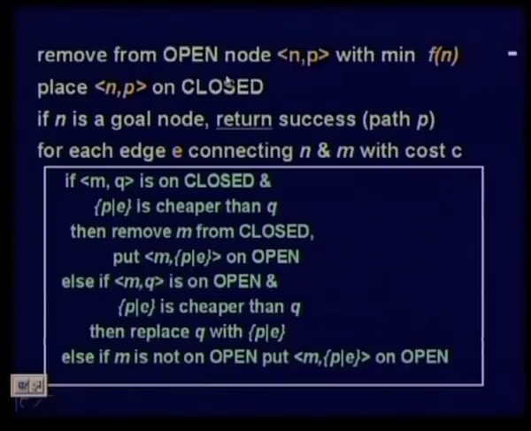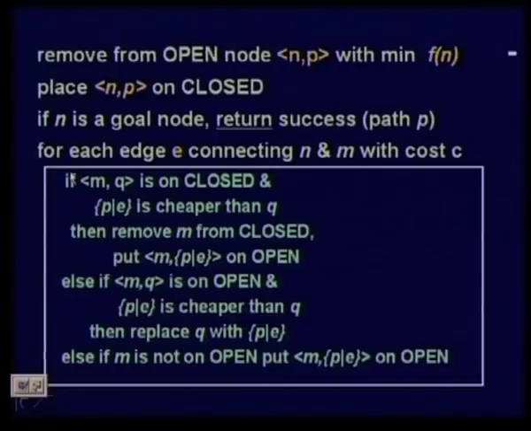We remove from open the node N, P whose f(n) value is minimum. N is the node, P is the path associated with the node, N is that node whose f(n) value is minimum. We put N, P on closed because it has been expanded. If N is a goal node, we return success and we return the path P, which is the path associated with this node.